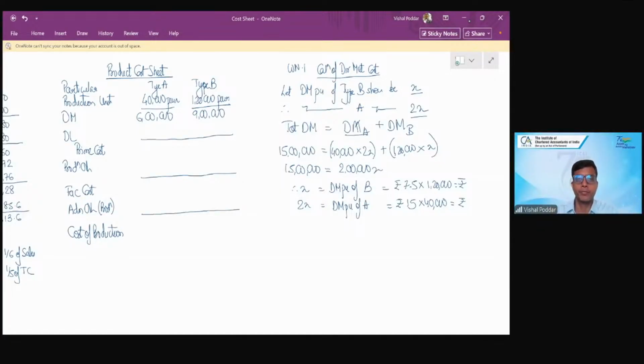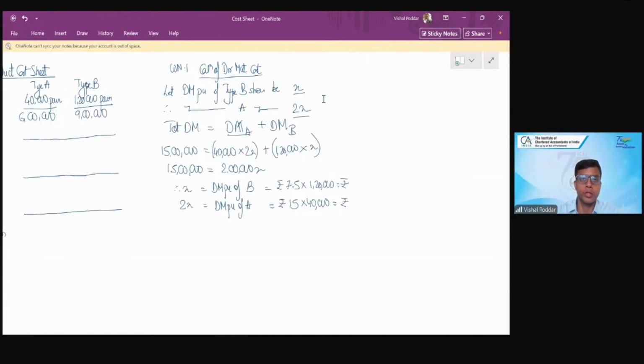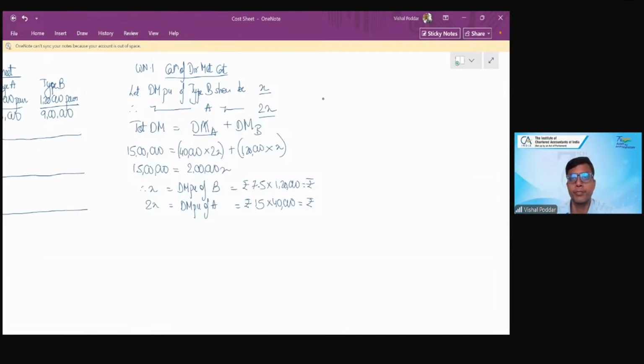Then, students, on similar lines, calculation of direct labor cost. Now what is the language here?